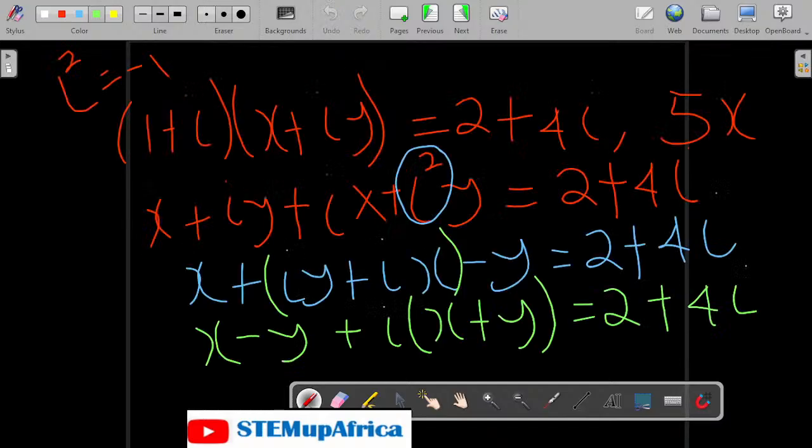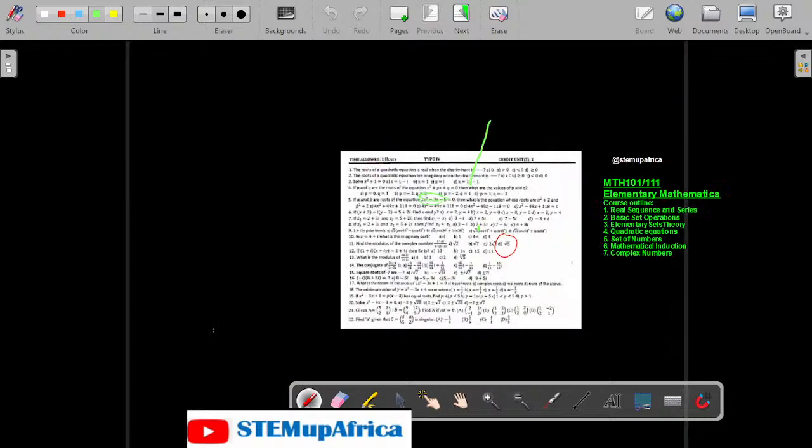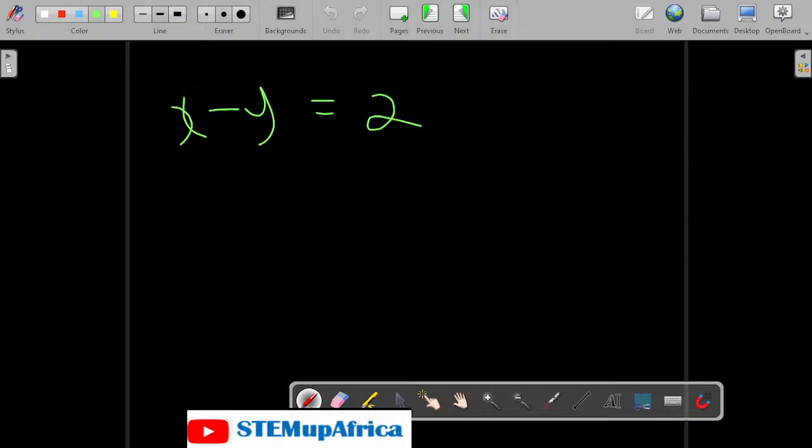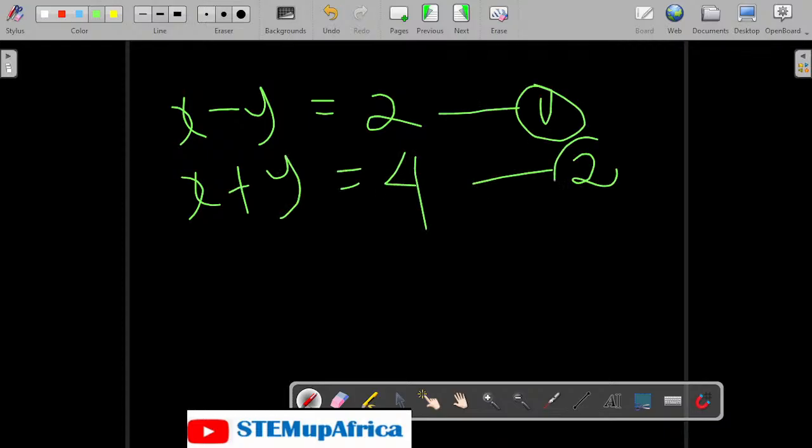That means x plus y will give us 4, because on the left-hand side, the i bracket x plus y is imaginary. On the right-hand side, we have 4i. So we have x plus y is equal to 4. I call this equation 1 and I call this equation 2. So you can solve equations 1 and 2 simultaneously by looking for x.